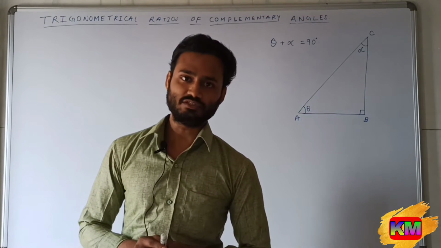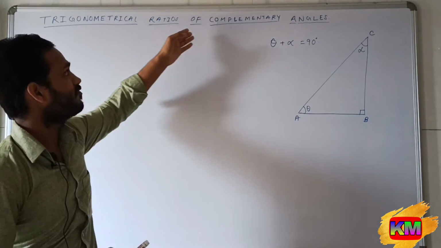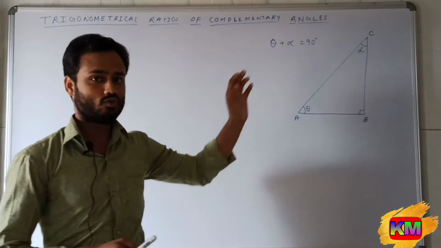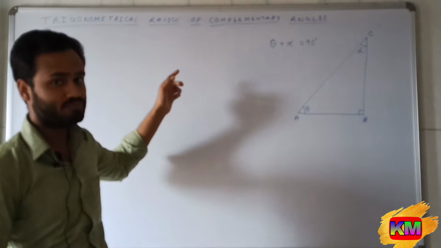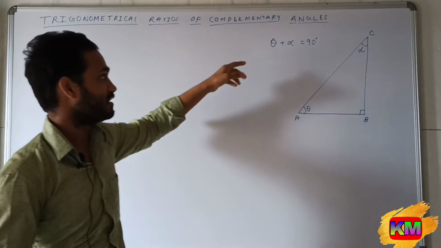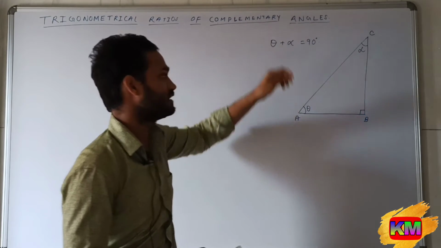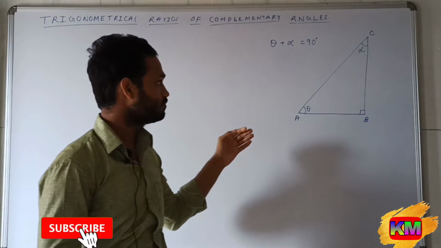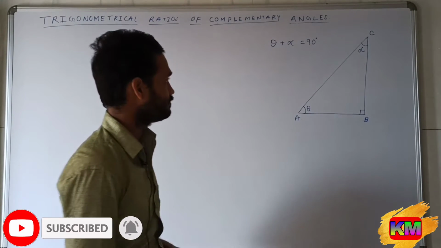So in this video we shall learn about trigonometrical ratios of complementary angles. So what is a complementary angle? Two angles are said to be complementary if their sum is 90 degrees. For understanding the concept we have to draw a triangle shown here.